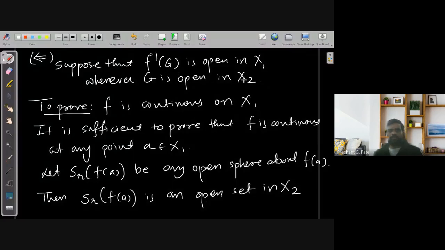As per this argument, f inverse of this set is open in X1. So f inverse of S_R of f of a is an open set in X1.